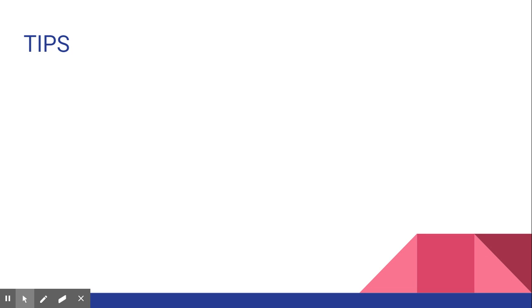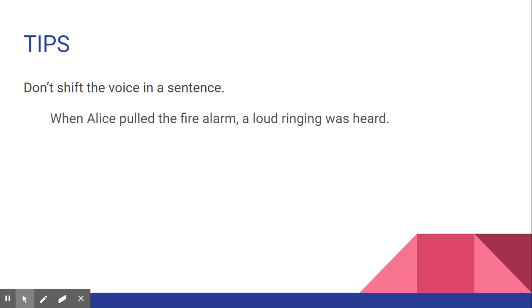So here's some tips for you. You want to make sure that you don't shift your voice in a sentence. If you start active, finish active. If you start passive, finish passive. When Alice pulled the fire alarm, a loud ringing was heard.